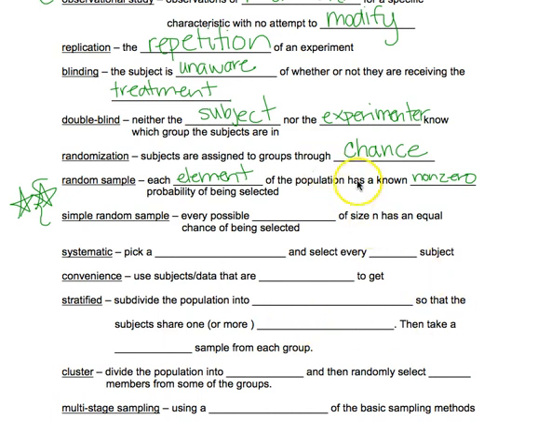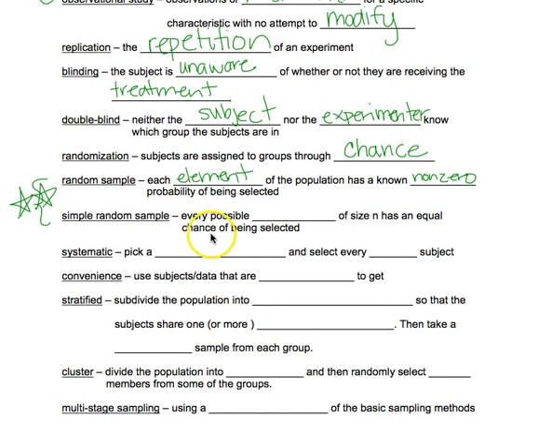Now, notice that it doesn't say that it's equal. So it doesn't mean that one element's chance is equally likely as the others. It just means that it has a known chance of being selected.